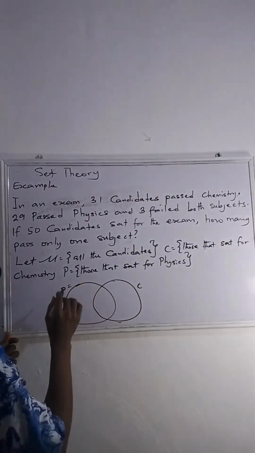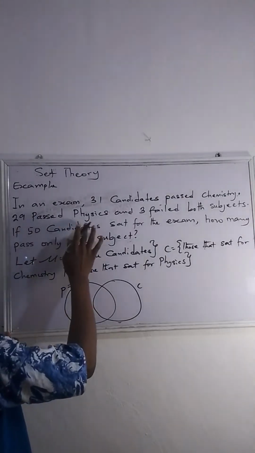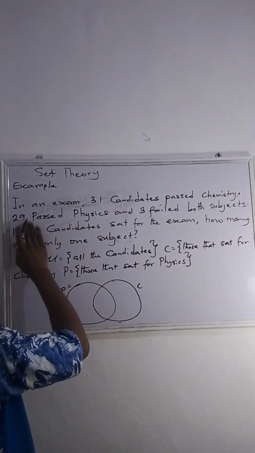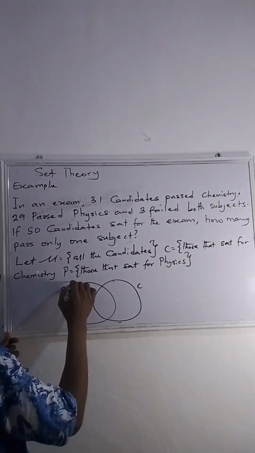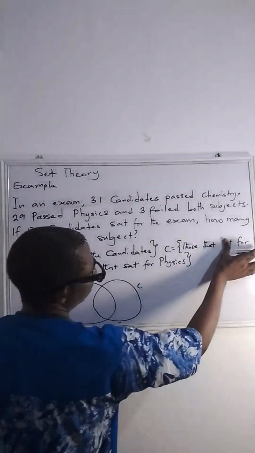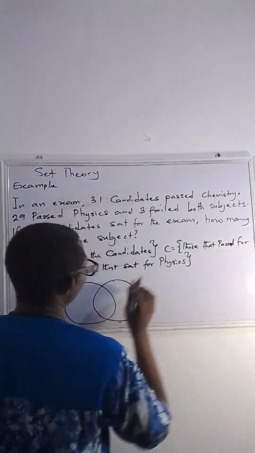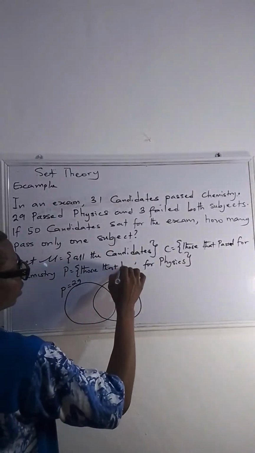So how many sat for physics? We have 29 pass physics. Okay, now this is supposed to be passed, not sat, because we are talking about those that passed.